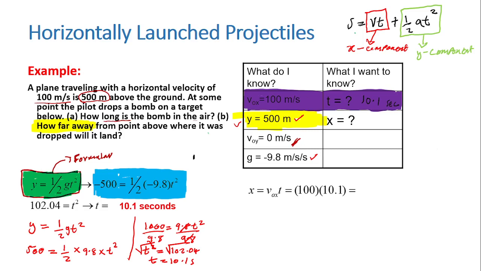But since it is not launched at an angle, you can just move freely. So you use that particular formula, and when you plug in there, the answer is simply 1010 meters. So this is the answer.